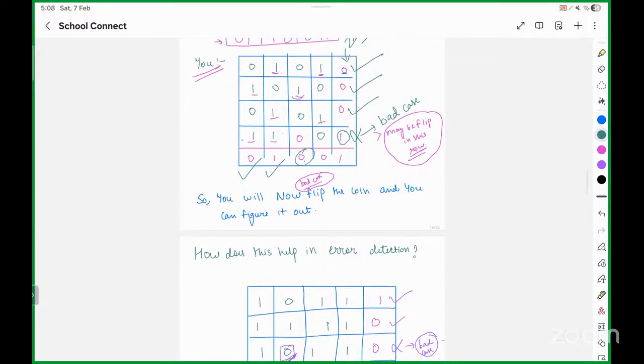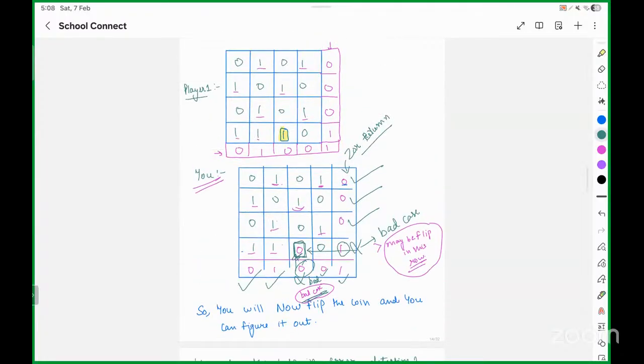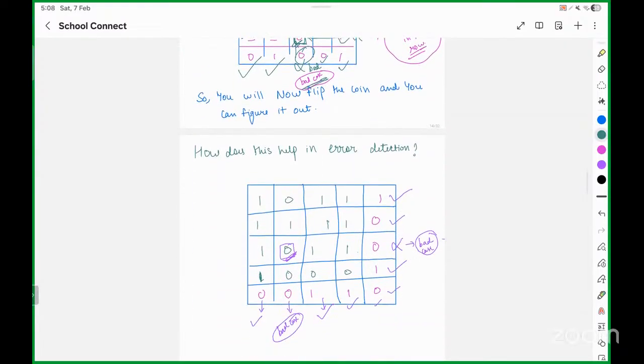So it's again a bad case. This is 1 and 1 even, correct, and this is 1 odd, correct. So the intersection of the bad cases will be the place of the coin which has been flipped. This is from 1 here and this is from 0 here. So this must have been flipped, and this is actually the coin which has been flipped.